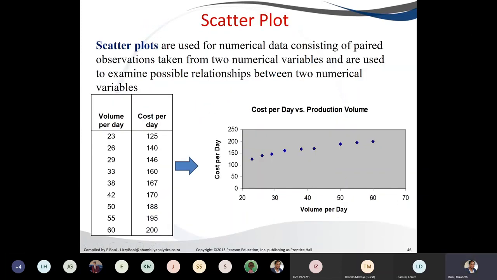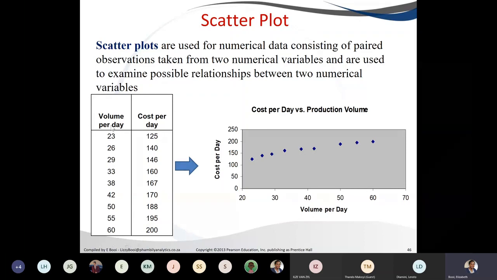Okay, so when we do chapter 12, we will talk more about the scatter plot. But you must also know that a scatter plot is a visualization graph for numerical values. But here it is not only for one numerical value, but for 2 numerical values. And we use this to determine the relationship between 2 numerical values.